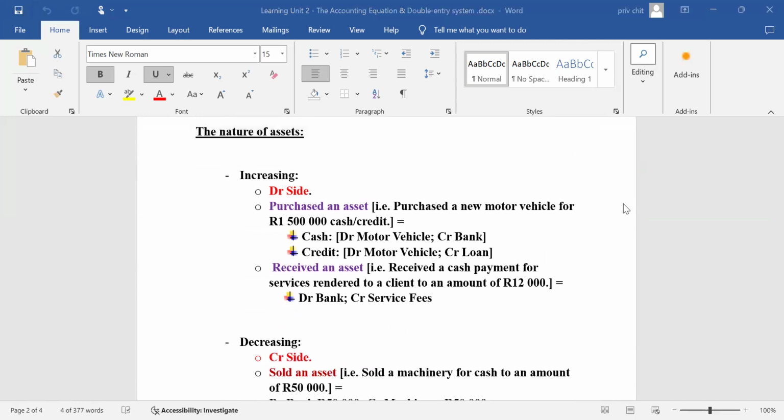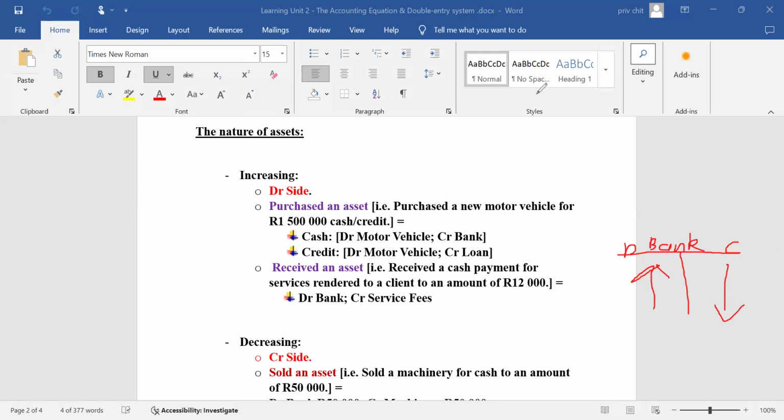Just to recap, a ledger account is just a T account where, for instance, let's say the account is bank. So this will be the debit side, and that will be the credit side. When you say assets increase on the debit side, it means it's increasing on this side of the ledger account, bank, in this case as an asset. And if it is decreasing, it will be taking place on the credit side.